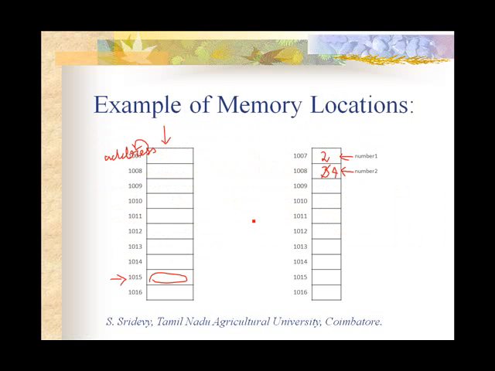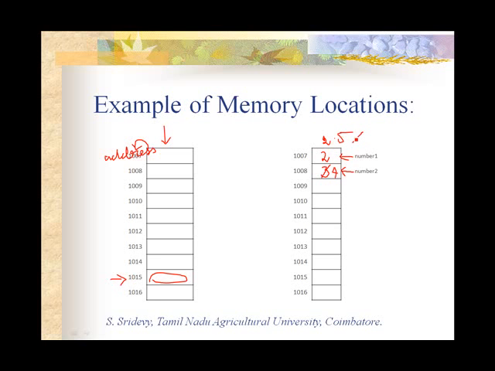For example, in this memory location, if I declare number 1 as an integer value, I can save only integer values here. It is not possible for me to save a floating point number 2.5.